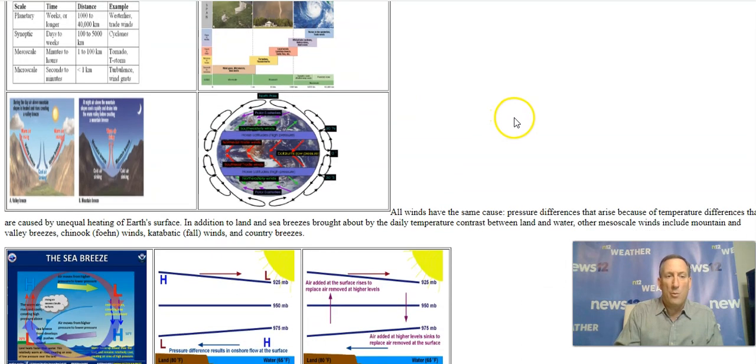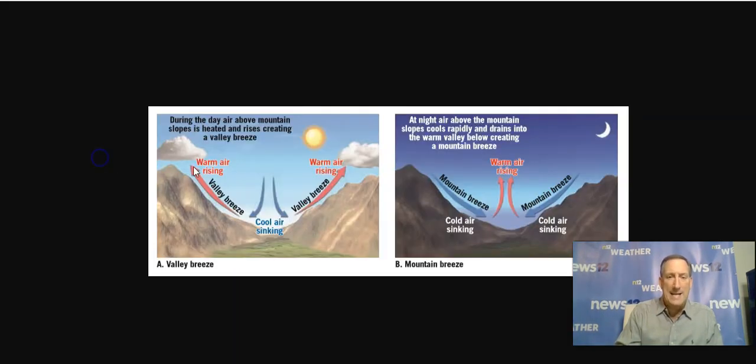Now, we're constantly looking at air moving, and air can move all over the place, up and down. That's what chapter 4 was talking about: how do we get air to go up and down? And a difference in pressure will cause wind. That's what we learned in chapter 6. So when you have higher pressure and lower pressure, you can get these different types of mesoscale or microscale winds.